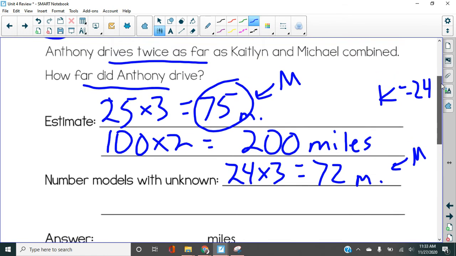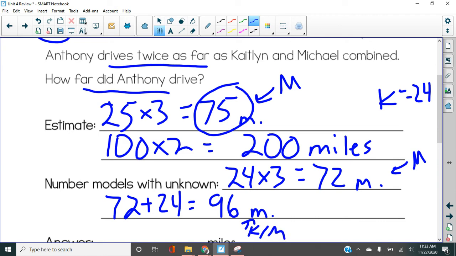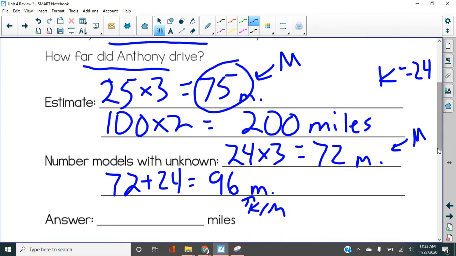So now we need to do our next number model. We need to know how much they did combined. So we're going to add these two numbers. No carrying here, so I can figure out that that's 96 miles. This is Caitlin and Michael. And then Anthony drove twice as far as Caitlin and Michael combined. So, what problem are we going to need to do?